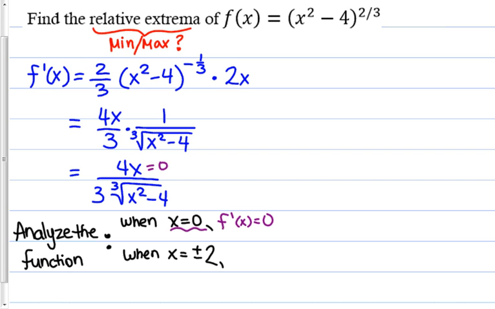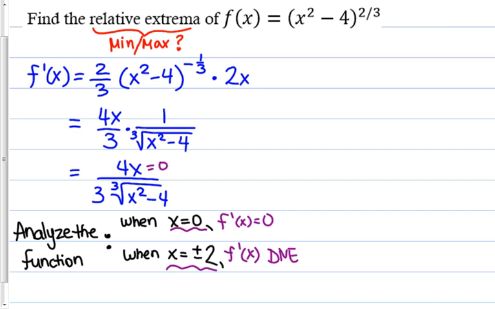So hopefully you're thinking, okay, what number squared minus 4 would give me 0? Oh yeah, 2 squared. And it's actually going to be plus or minus 2. If I plug either one of these two numbers into the denominator, my denominator is going to equal 0. And you know that's no bueno. So my derivative at x equals plus or minus 2 does not exist.